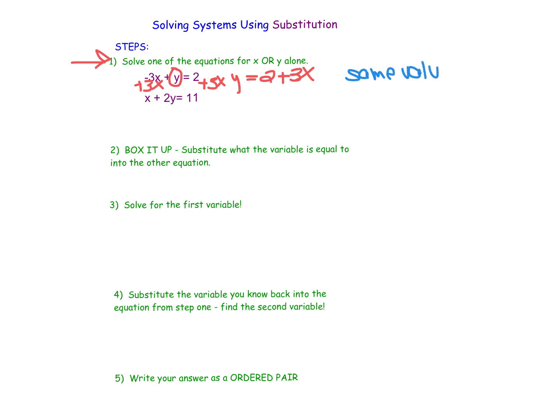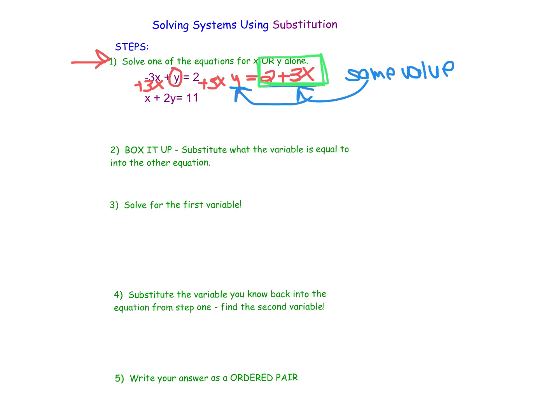So what this means here is that y and 2 plus 3x, regardless of what their variable values are, have the exact same value. So what I can do is I can actually replace y with its equivalent, which is 2 plus 3x. They are the same thing.